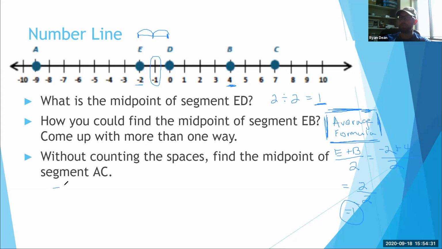So A is -9, and then I add C, which is 7, and we divide it by 2. Negative 9 plus 7 gives me a negative 2. Negative 2 divided by 2 is negative 1.